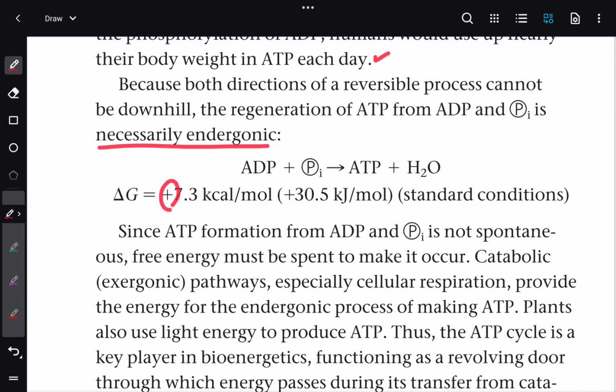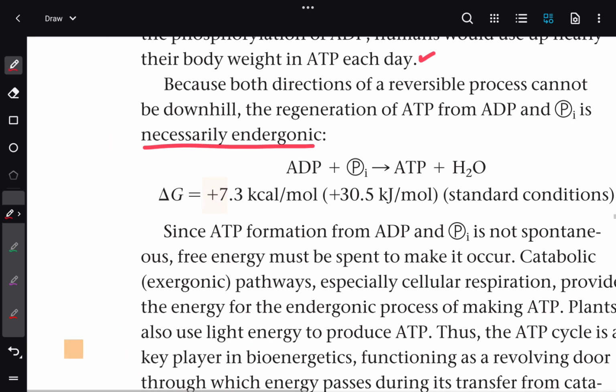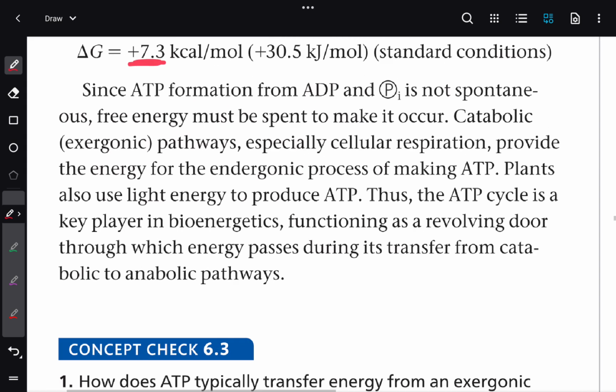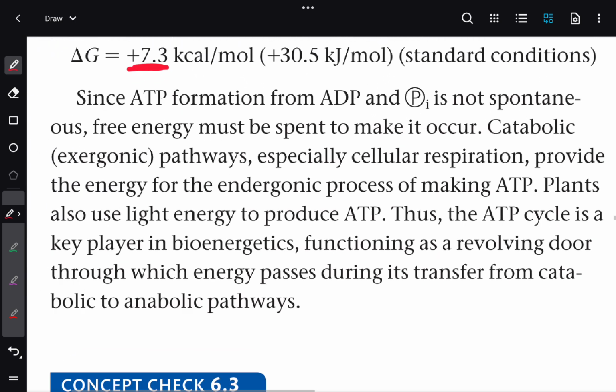Notice the positive here, which is exactly what ATP provides in energy, which is exactly what ADP needs as energy to become it. I mean, that's just basic logic.